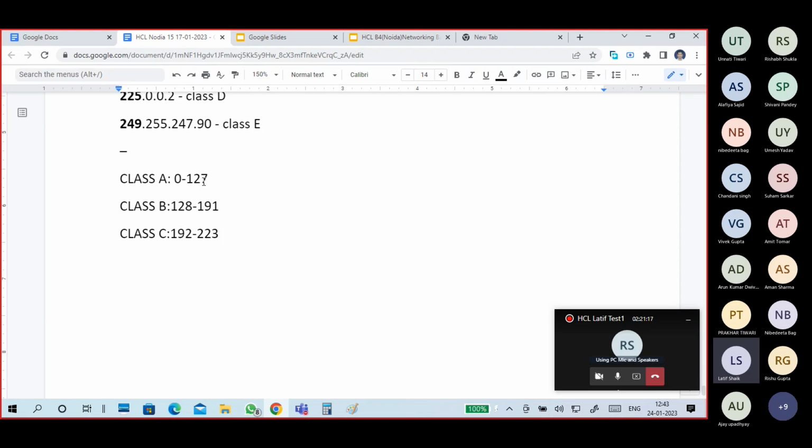Okay, only 3 things. Guys, an IP address is divided into network and host portion. An IP address is divided into network and host portion.